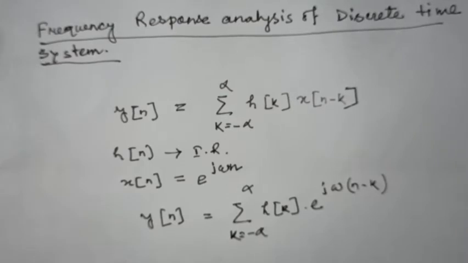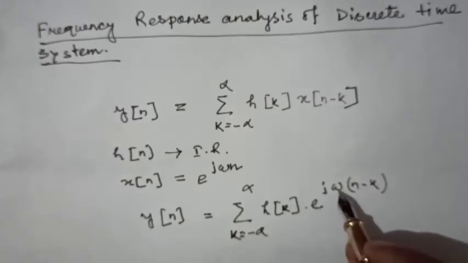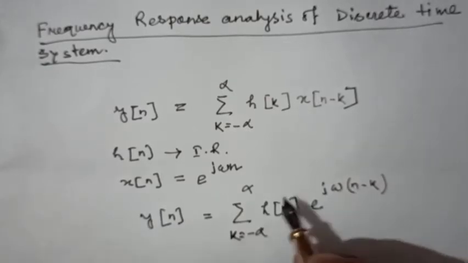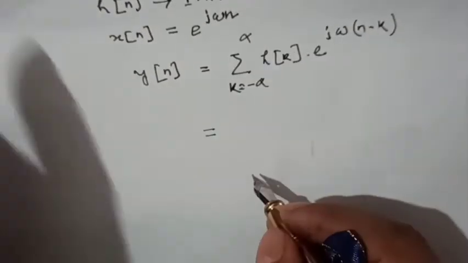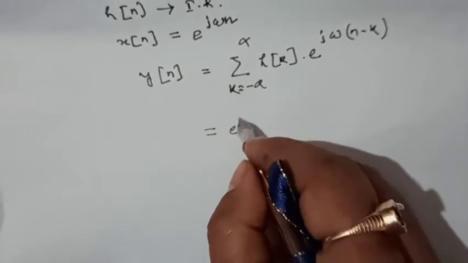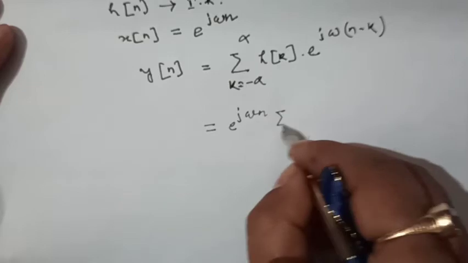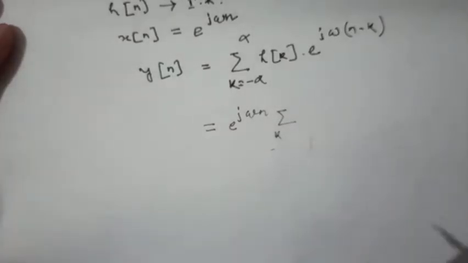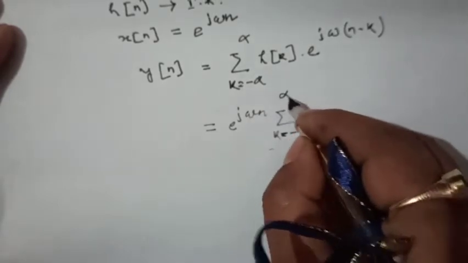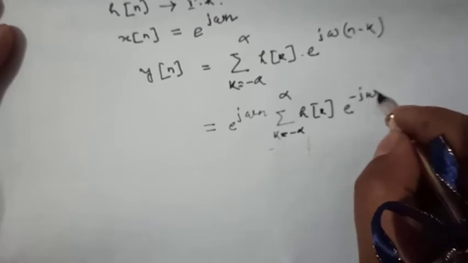Alright, so if we just simplify it, since this is a summation over k, this e to the power j omega n can be kept outside the summation. So it will be e to the power j omega n, summation over k from minus infinity to infinity, h of k into e to the power minus j omega k.